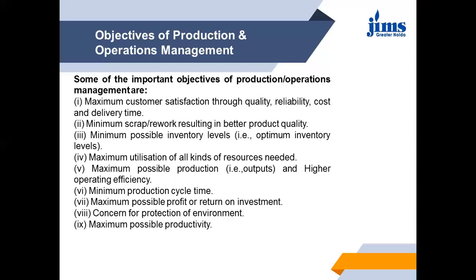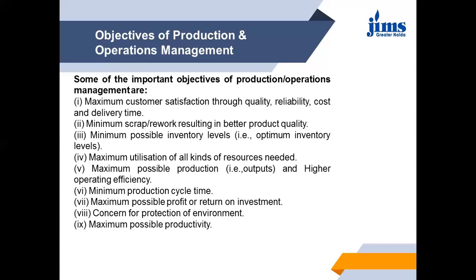The next is concern for protection of environment. In modern times, factories and plants and every production and operations management system will definitely have the objective of environmental sustainability and reducing the degradation of environment because of their activities.